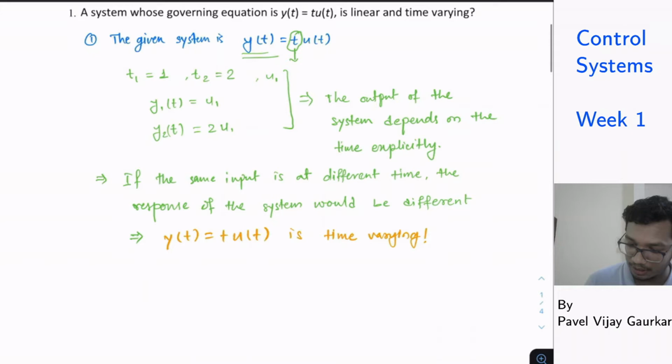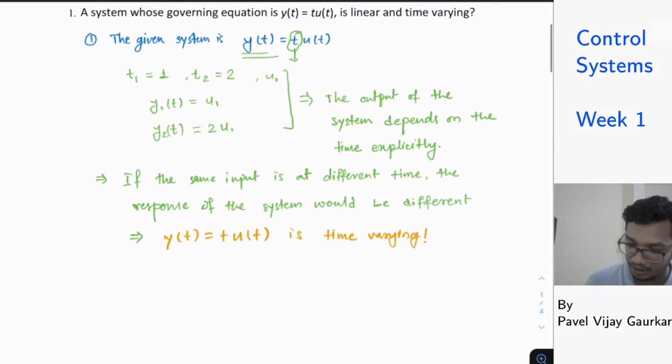If it satisfies these criteria. Say that for the input u1 of t, we get output y1 of t, and for u2 of t, the output of the system is y2 of t.